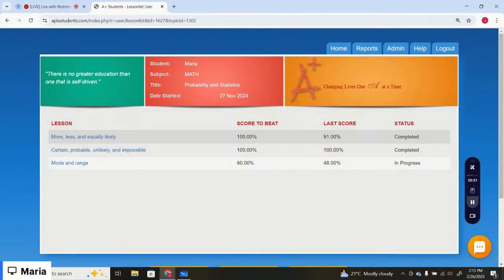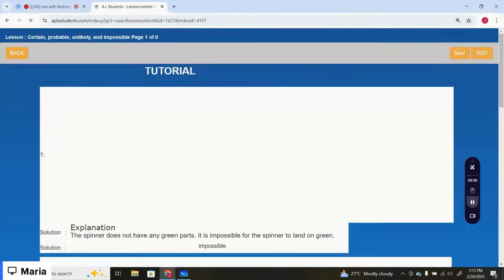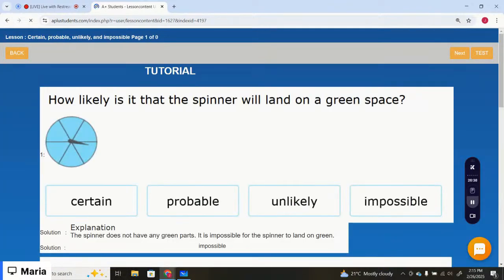The next lesson is sorting probable, unlikely, and impossible. How likely is it that the spinner will land on green space?